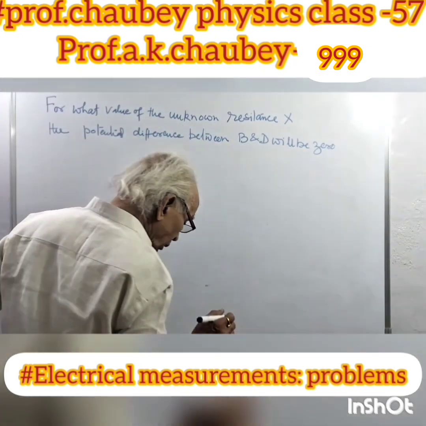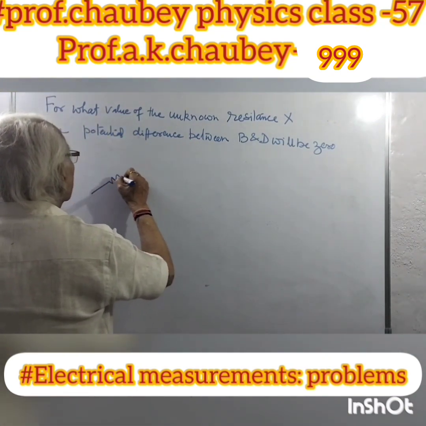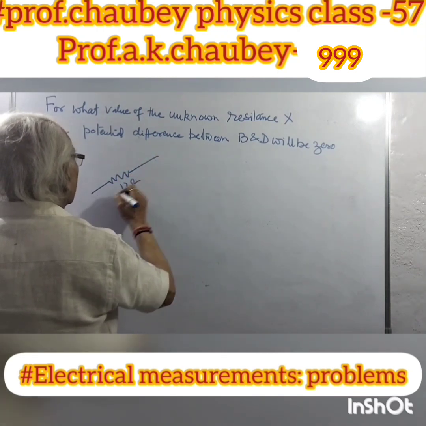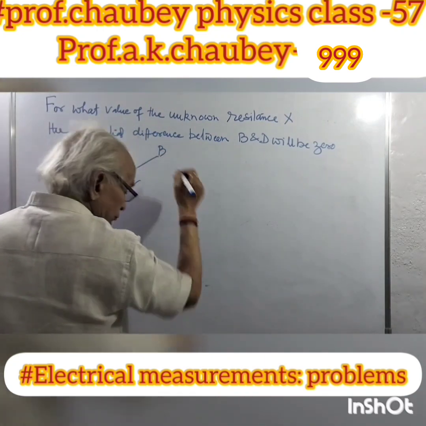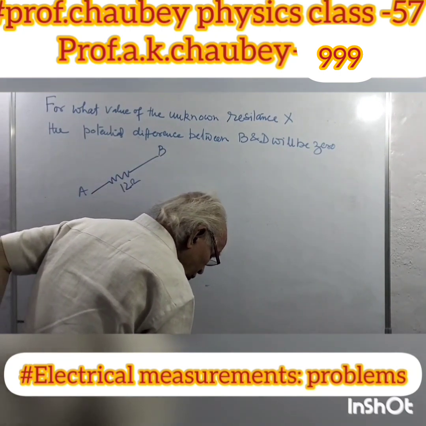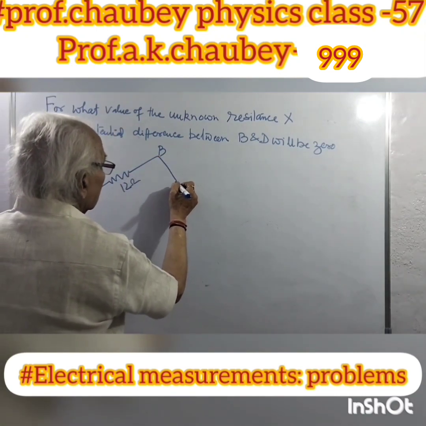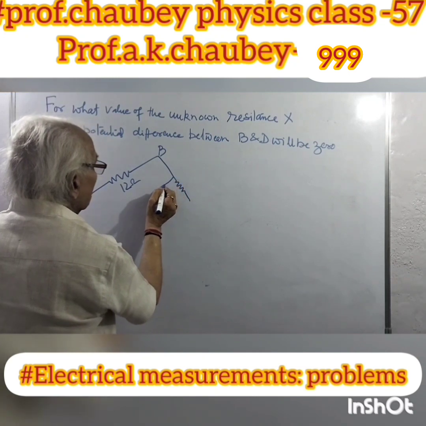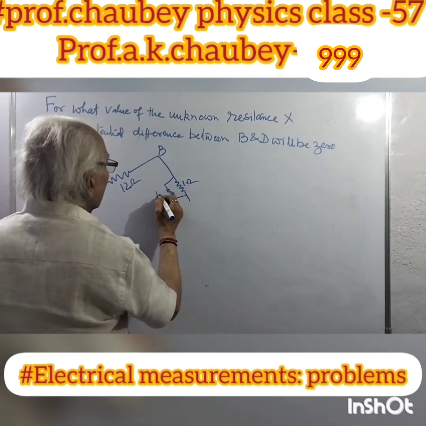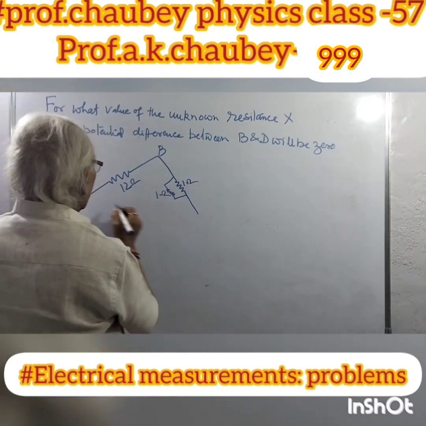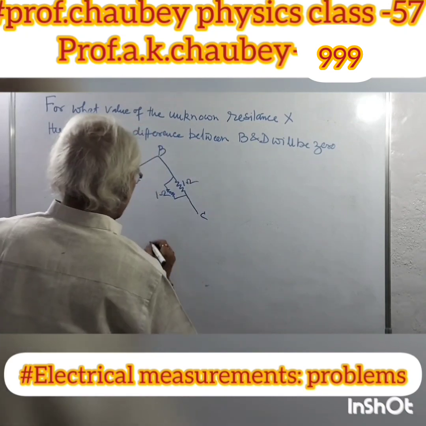The circuit is shown here. I show the circuit. It is a 12 ohm resistance here, and A and B. And here 1 ohm and 1 ohm in parallel, and then this is C, and this other arm has 1 ohm and 1 ohm in parallel.